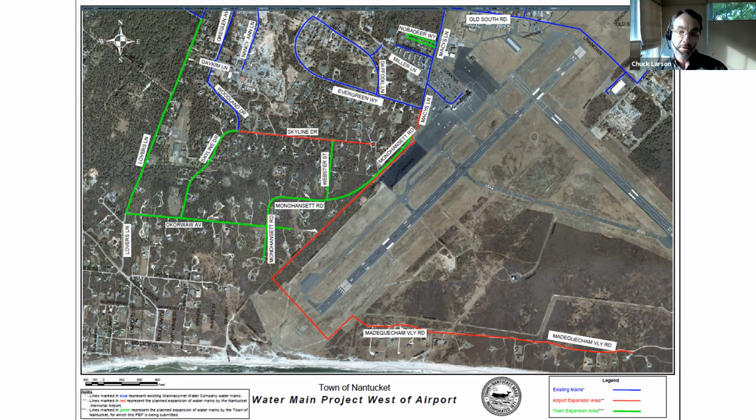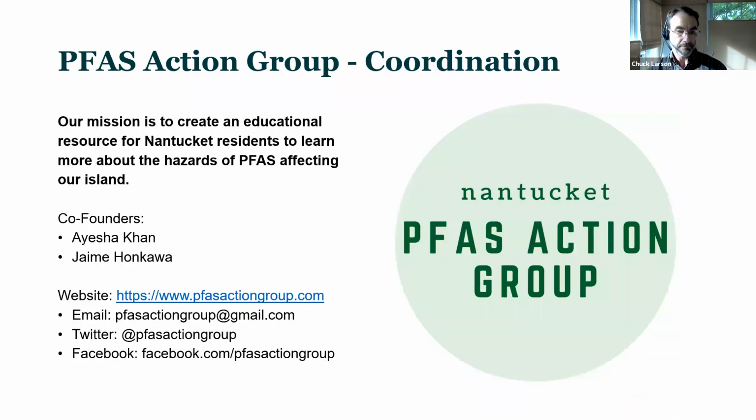And then the green is the extension that we're pursuing through the additional work in the state revolving fund to address concerns with some of the testing and results that we've seen from homeowners in the areas outside the area of where the airport is extending their water service. So, maybe we could come back to this at another time for a more in-depth presentation of these details. And next slide.